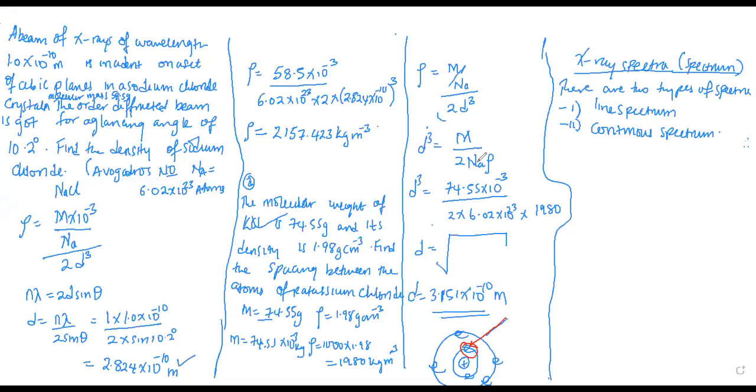Now, when the vacancy is created, it leaves a gap, and the atom will become unstable and excited. For the line spectrum, it occurs because of what we call electronic transition.